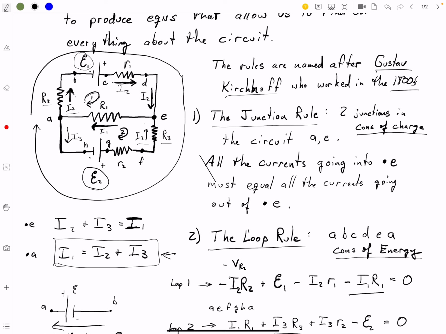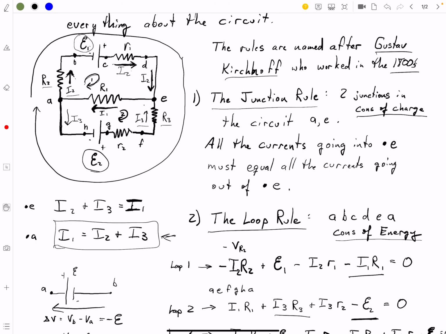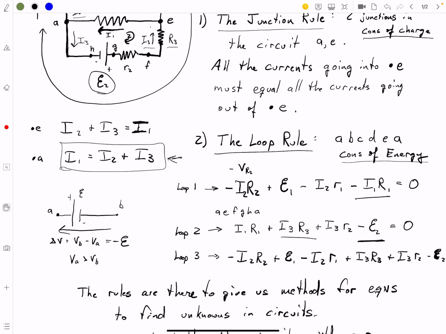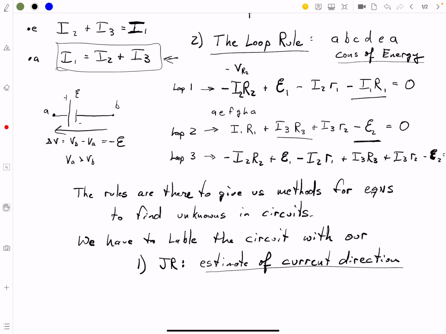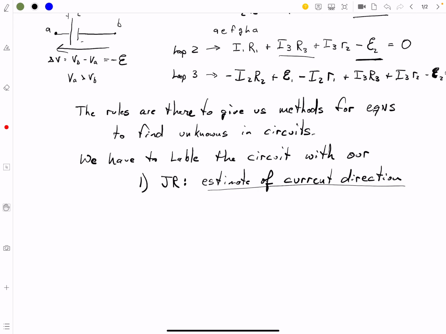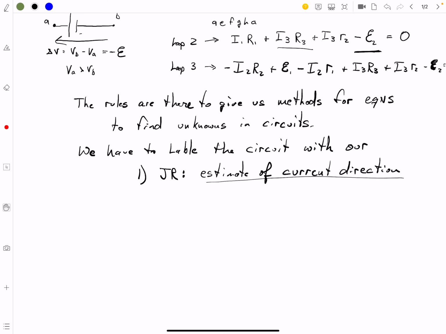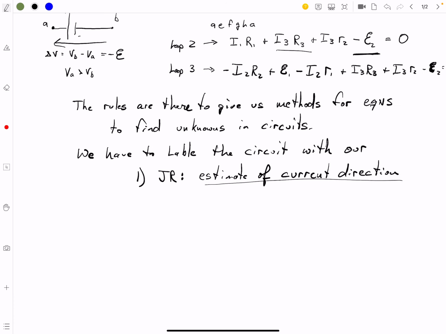And it's okay. You just say, okay, it actually flowed the other direction. Okay? So the first thing we have to do is label the circuit with our estimate of current directions.